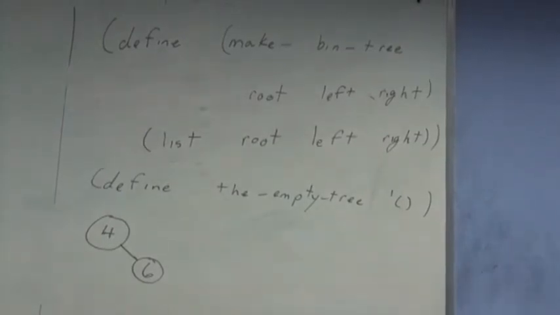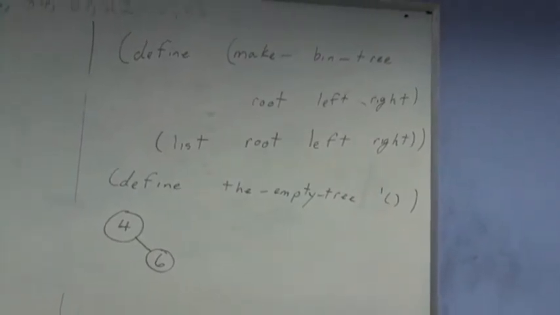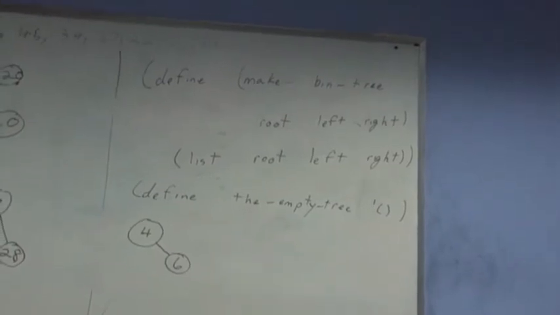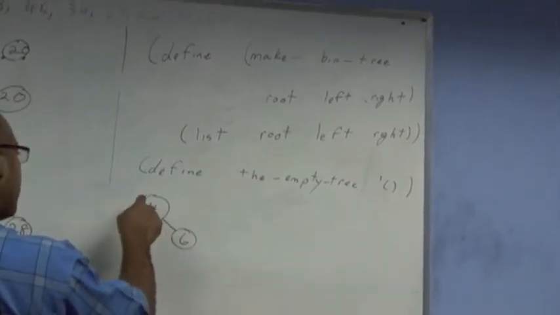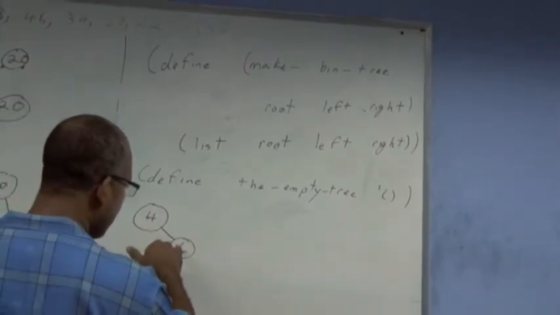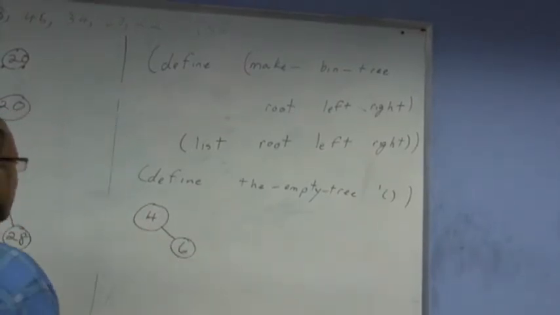How would I do it? What Scheme code would I write to create a tree that would have a node with 4 at the root, followed by a node with 6 on the right subtree?